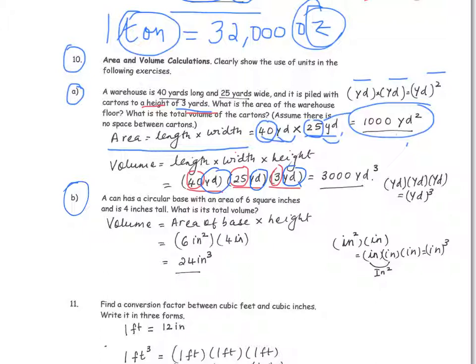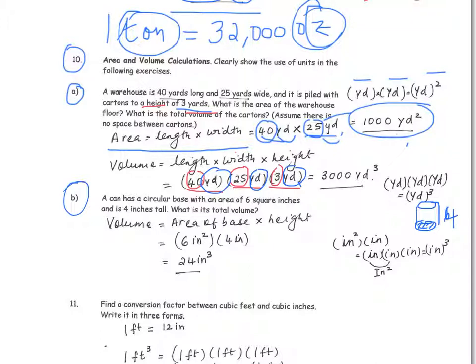Now the next problem. A can has a circular base. So we have a circle as a base, and we're talking about a can of height 4 inches tall. The area of the base is given to us. So area of the base is the area of the circle here. So we don't need to calculate the area that is given to us.